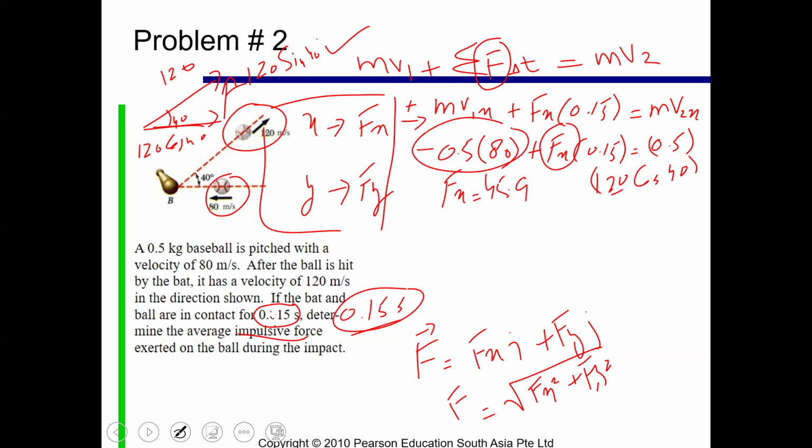And this is 40, right? When it goes on the other side, it would be 40 divided by 0.15. So how much is that value, students?